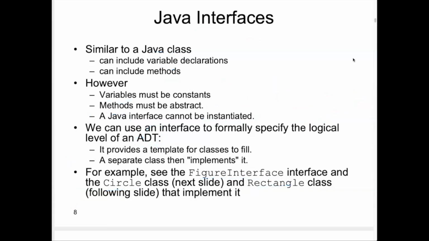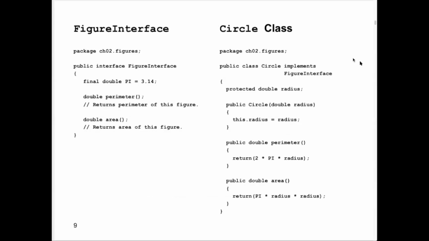From a mechanics standpoint, if you go to the next page, you'll see the figure interface is simply a bunch of abstract methods. There's an abstract method here, and another one. It's just a function signature without any implementation details. There's a constant or variable declaration, but nothing else.